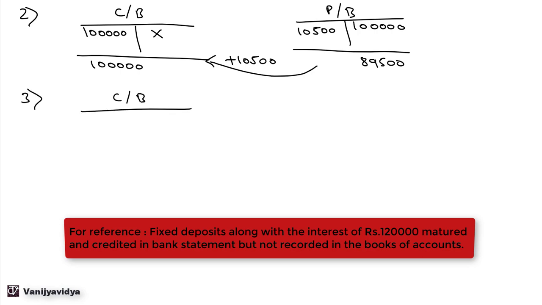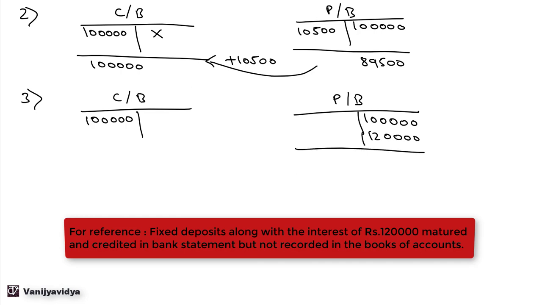Cash book and passbook. 1 lakh debit balance as per cash book, 1 lakh credit balance as per passbook. Now 1,20,000 fixed deposit matured and credited in our passbook, but there is no entry in the cash book. So balance in the cash book is 1 lakh, balance in the passbook is 2,20,000.